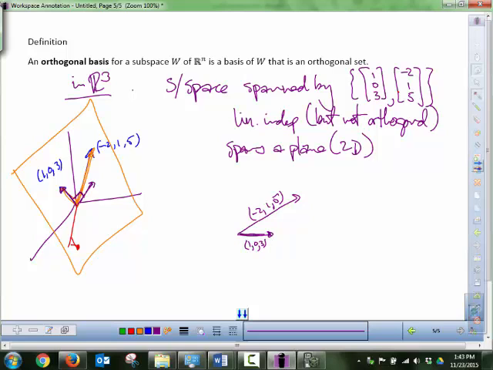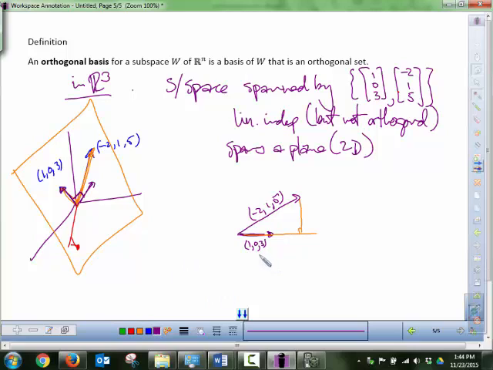Projection, right? Good. So we could do a projection. Do you remember the projection formula? We can do the cosine, but we can just stick with the vector dot products.